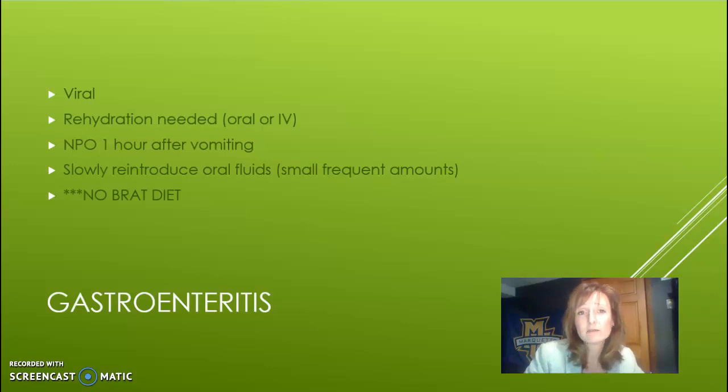And then once the child has had a chance to rest their stomach, then you offer small sips of that electrolyte replacement fluid. Don't offer food. You want to start with clear fluids if oral replacement therapy is how this child will be managed. And then once the vomiting stops, you'll slowly introduce crackers, bland foods until you're up to a full diet.